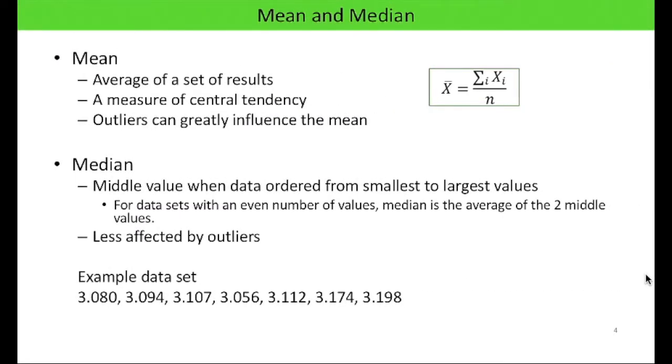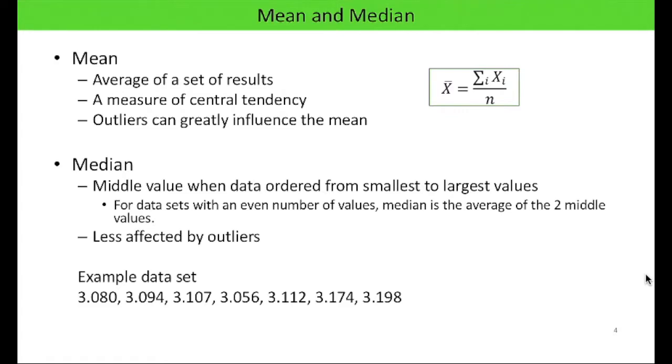Mean is something that you use quite often. It's just the average of a set of results. It's a measure of central tendency. But one of the problems with a mean or an average is that an outlier, a measurement that is quite a bit away or different from the rest of your measurements, can greatly influence the mean.